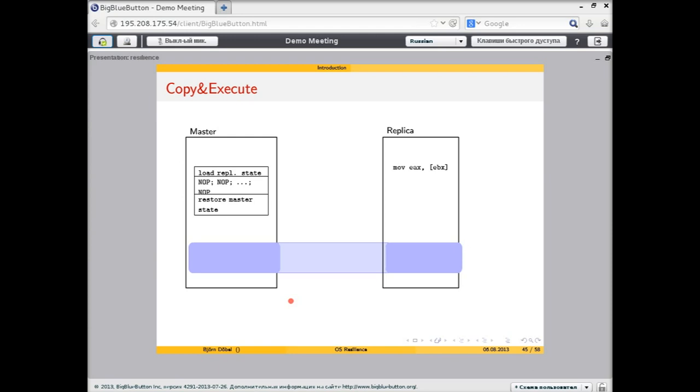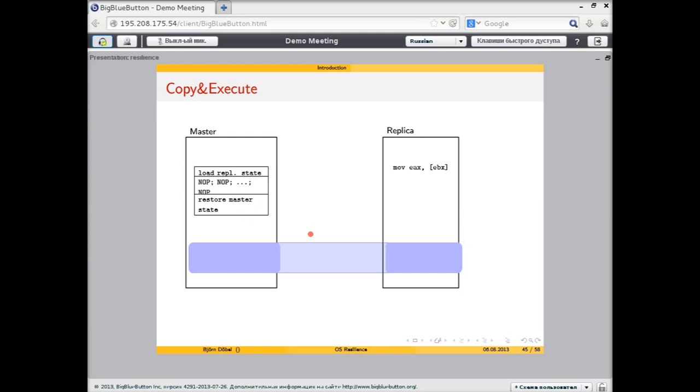And this trick consists of having a buffer here, which has three parts. The first part contains a couple of assembly instructions that load the replica's thread state into the current CPU. Then we have a couple of no-op operations in here. And the final part is then code that restores the current CPU state into the replica CPU state.